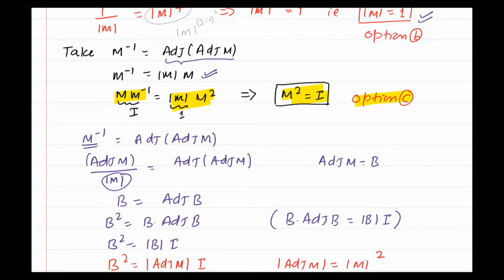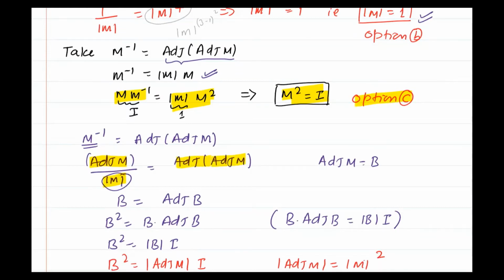Now the third one is M inverse equal to adjoint of M, and we know this formula, M inverse equal to adjoint of M divided by determinant of M, and determinant of M is 1.